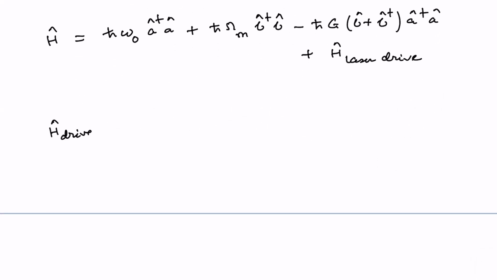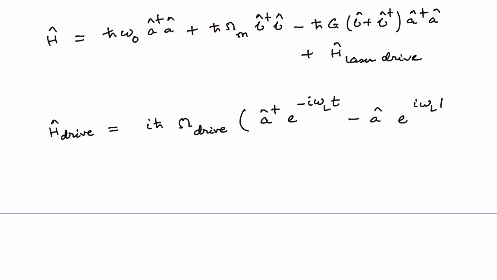So I can now write it as iħΩ_drive. A laser photon is getting created, a cavity photon is getting created inside the cavity, and the laser frequency is say ω_L, so e to the power minus iω_L t, and the Hermitian conjugate would be a e to the power iω_L t.